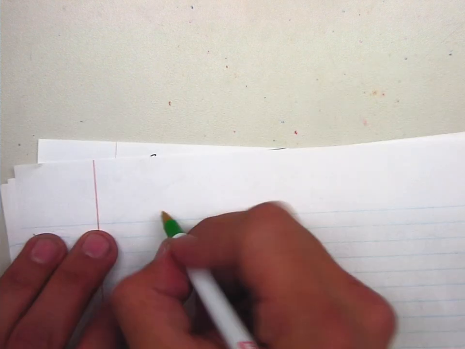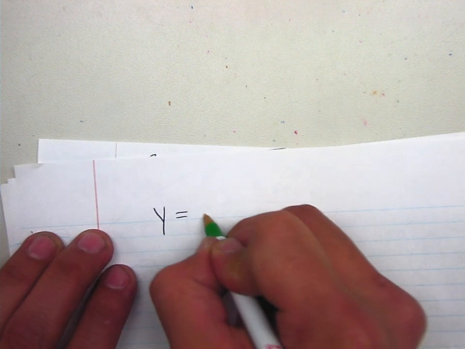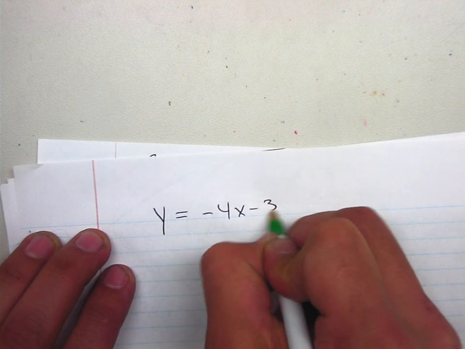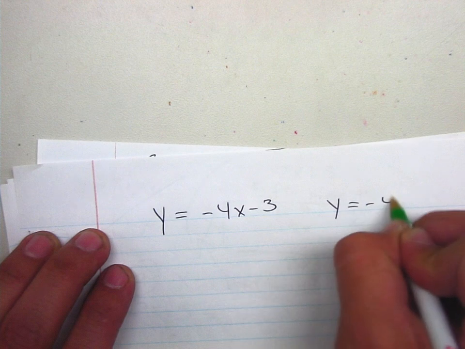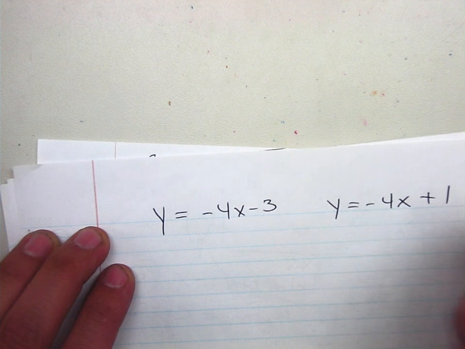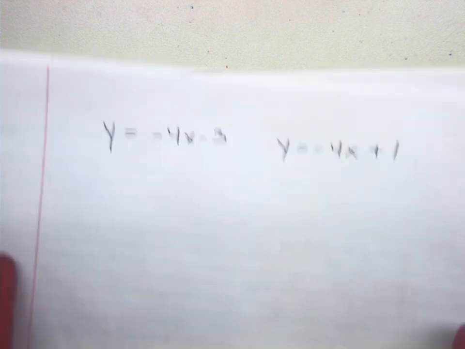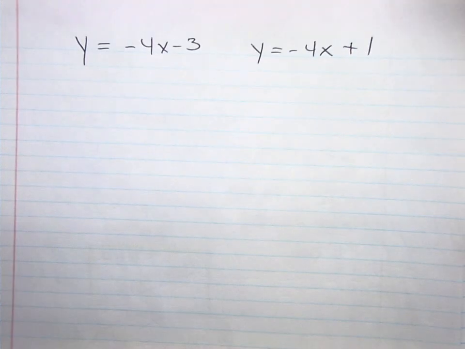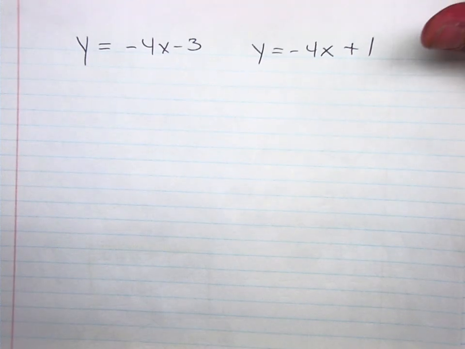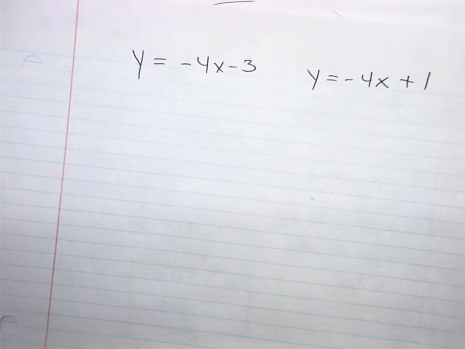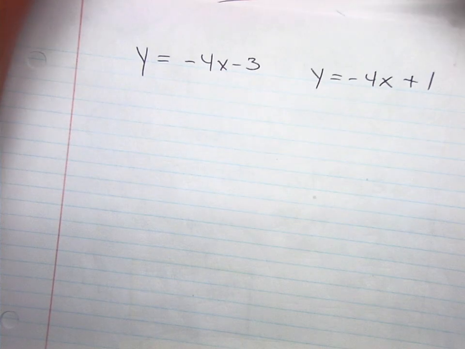Let's do the equal value method. Take out the y. There's no distributive property. Let's go for the x's. Zero pair.